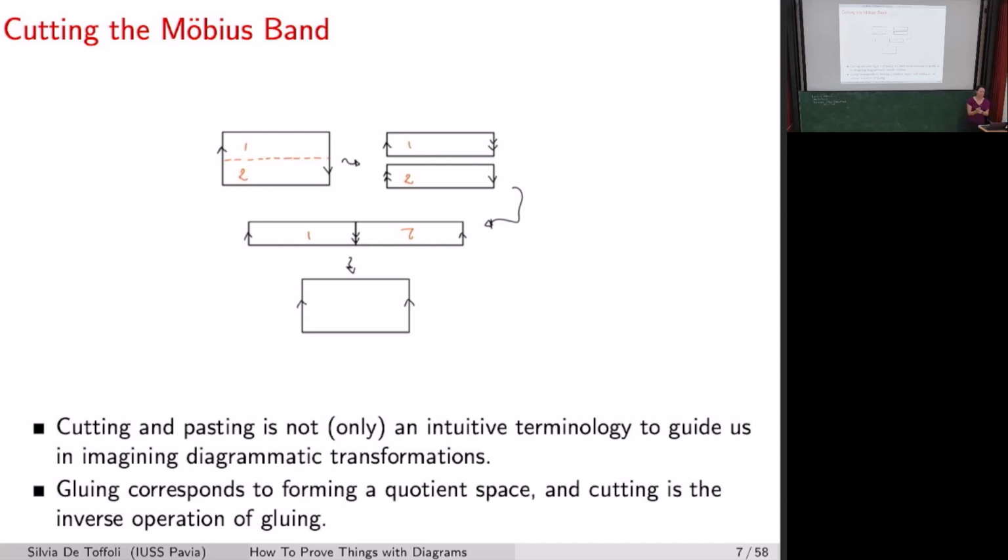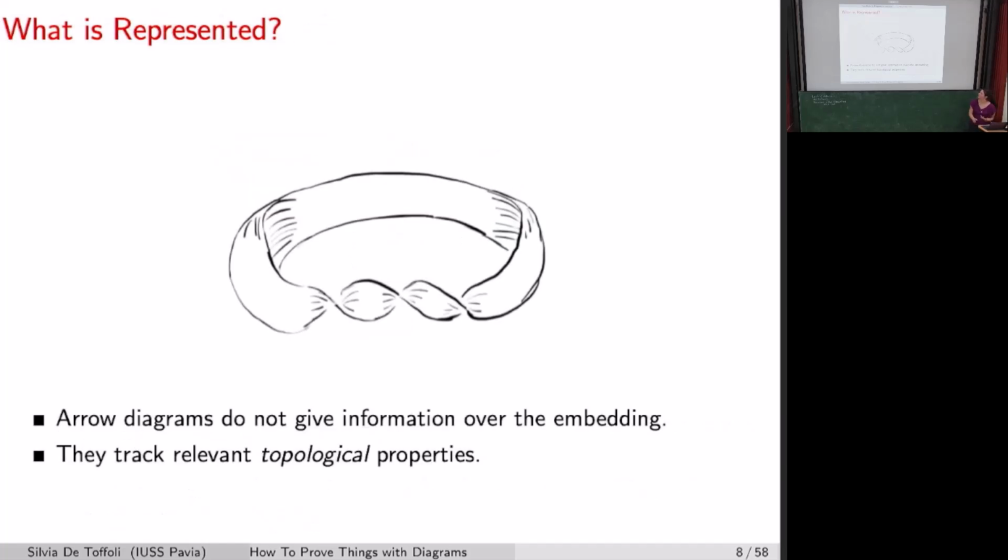So gluing corresponds to forming a quotient space, and cutting is the inverse operation of gluing. And maybe you're going to say, yeah, this looks too easy, so it seems that when you cut the Moebius band, you obtain a simple cylinder. But I didn't say that, you obtain a topological cylinder. The way this cylinder is embedded, that's another story. And in fact, what are these diagrams telling us?